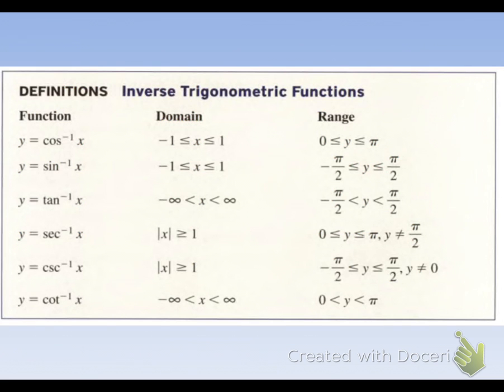So here we have a table filled with the domain and ranges of our inverse trig functions. Just make sure that you feel comfortable with these. You notice here of our 3 main ones that cosine's the one that's different.